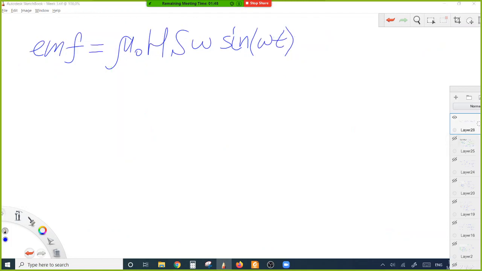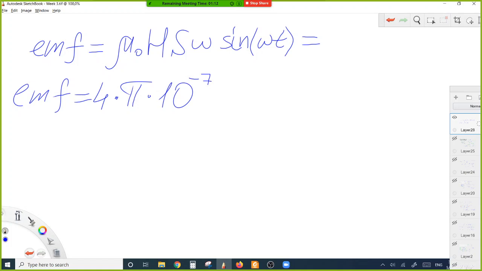Okay, we know the numeric values of mu0, of H, of S, and of omega. And let's find the numeric value of electric motive force. Mu0 is the magnetic permeability of empty space, and it was equal, if I'm not mistaken, to 4π multiplied by 10 to the minus 7, yeah, let me check.